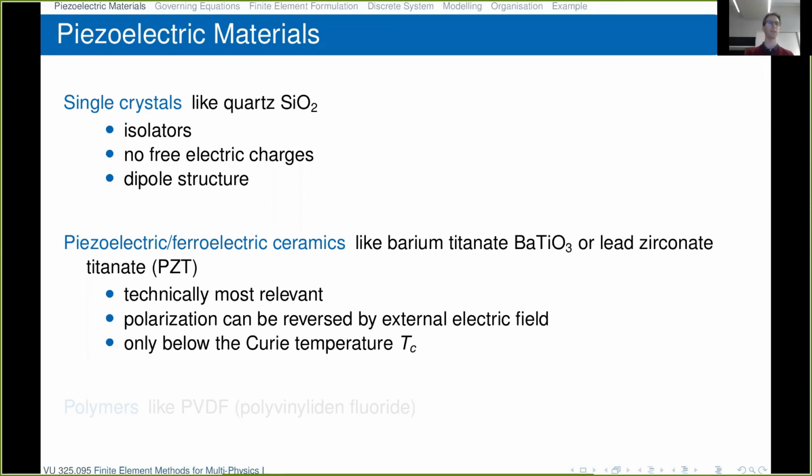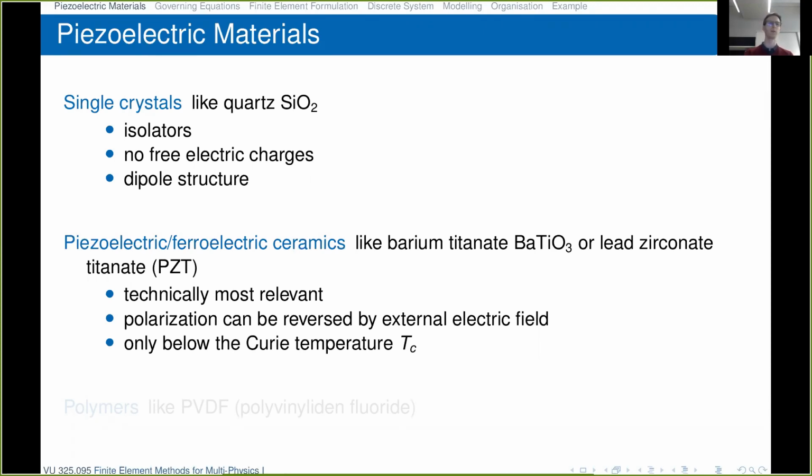which is actually one of the most important classes. So this class of materials is technically the most relevant. They show a rather strong piezoelectric effect, and the polarization that is responsible for the coupling in the end can be reversed by an external electric field.